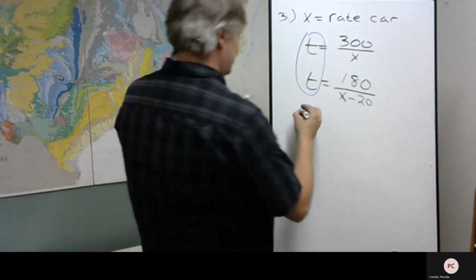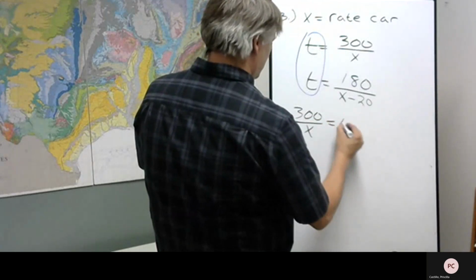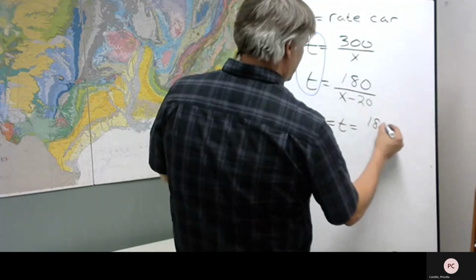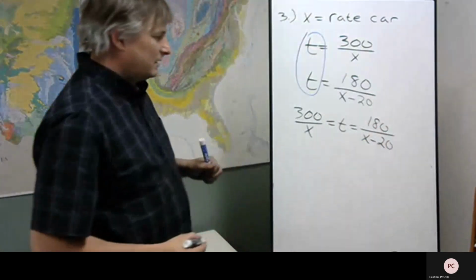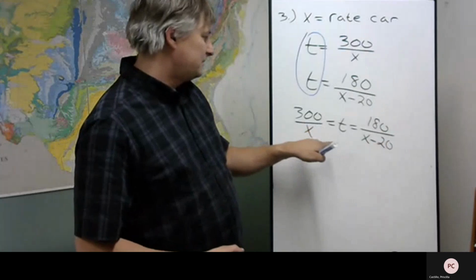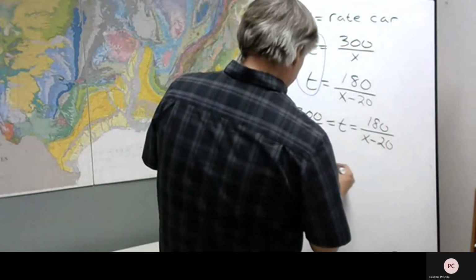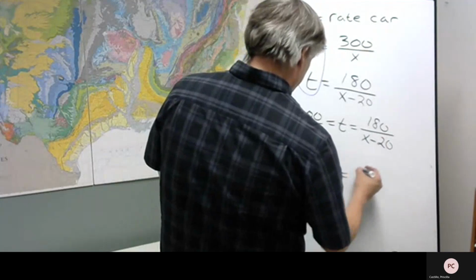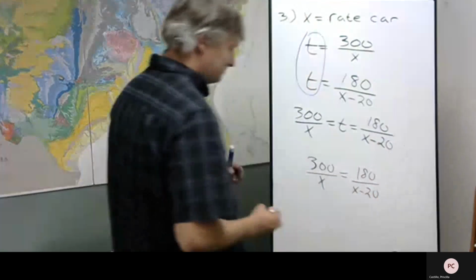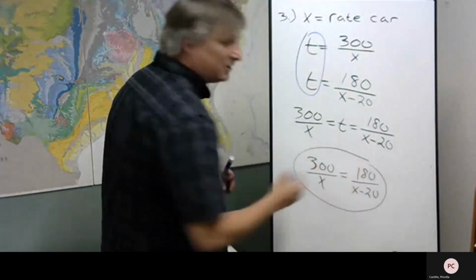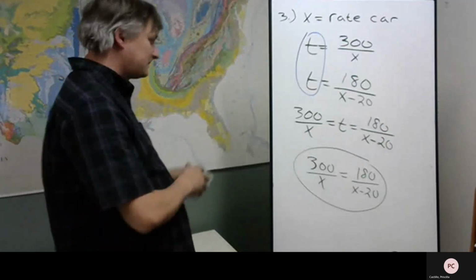So that means these are equal to the same time t. And if this equals this, and then this equals that, then these two expressions are equal. So this is the equation we're going to solve.